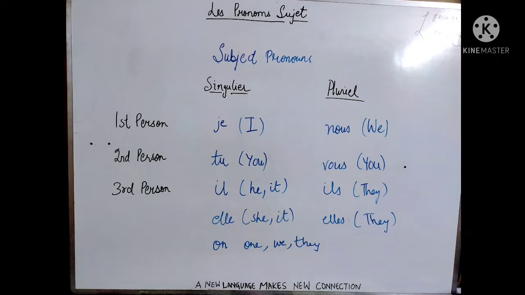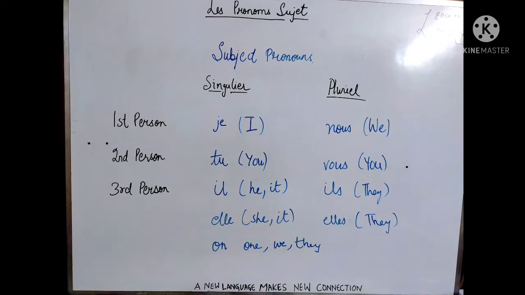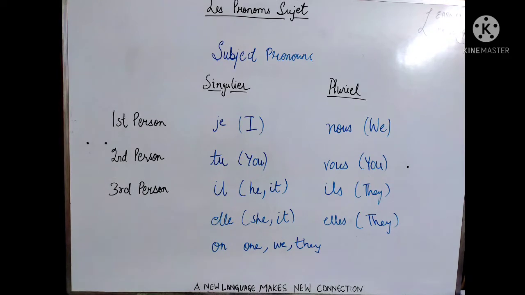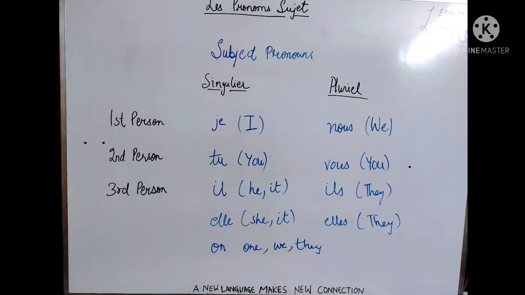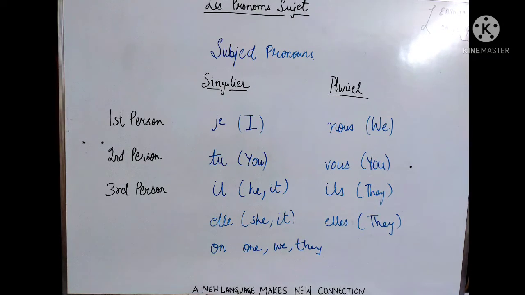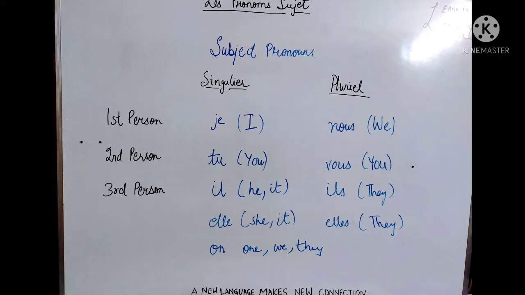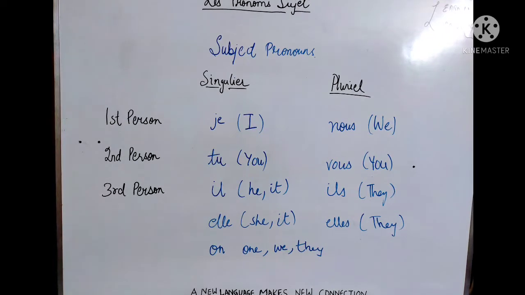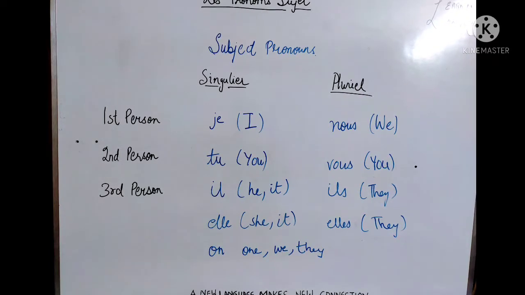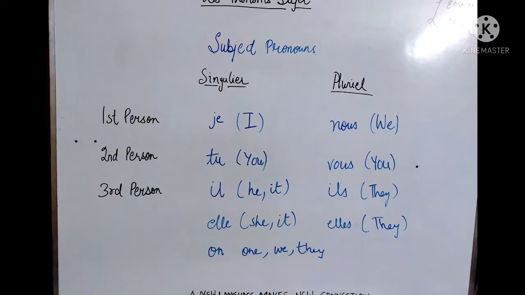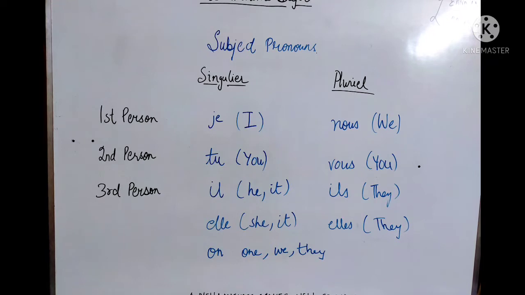Now these are the two sorts of pronouns: singulier, pluriel. So as we know in English, there is always a first person, second person, and third person. In the first person, it is je. It is pronounced as je, which means I. Now in second person, tu, which is you.